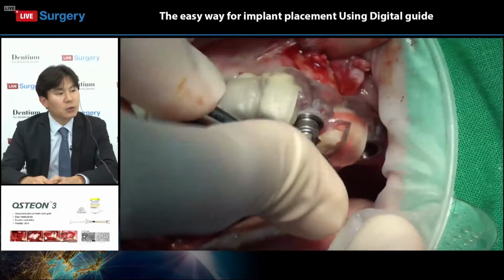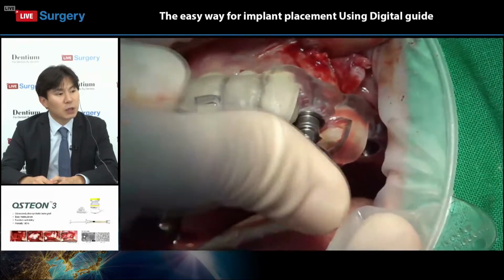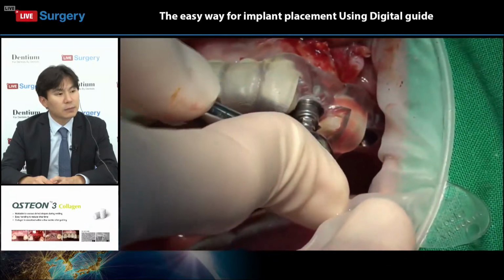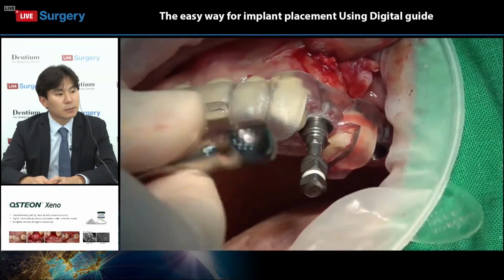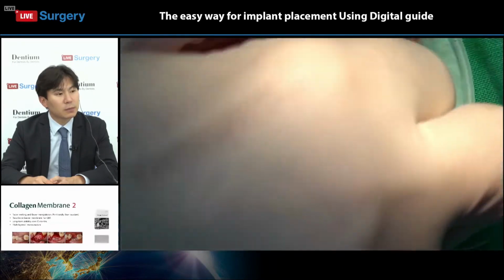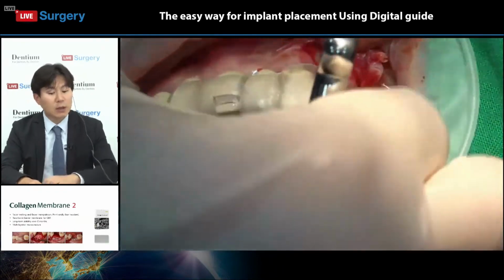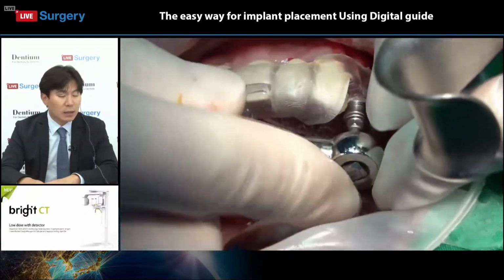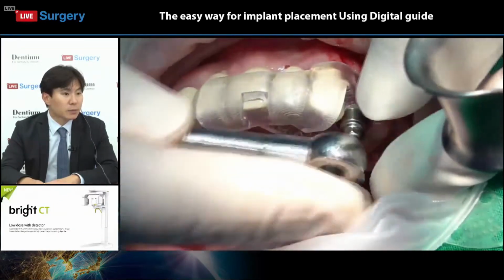For final insertion, he is using the ratchet. The diameter of this implant is 4.0 and the length is 10 millimeter.